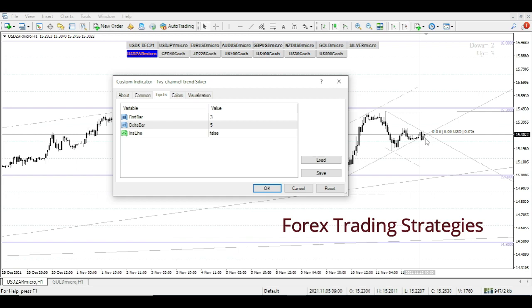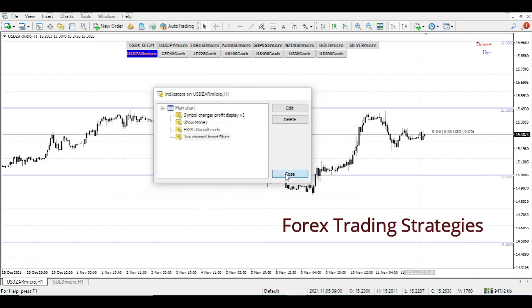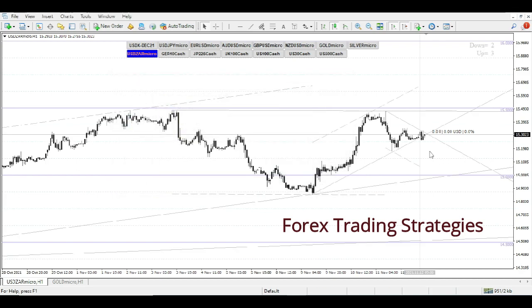When you are programming in MQL4, MQL5, the current candle is not the first candle. It's the 0 candle. Then we start 1, 2, 3. That's why the line is on 3.